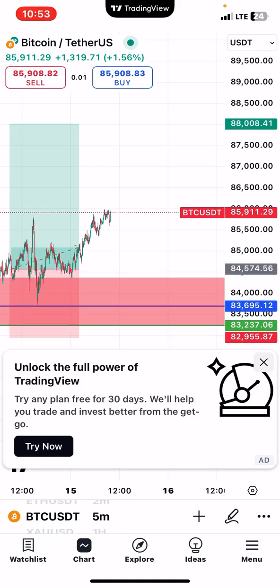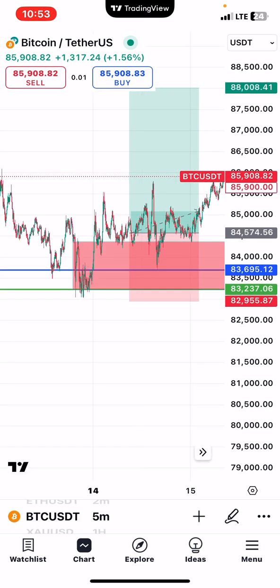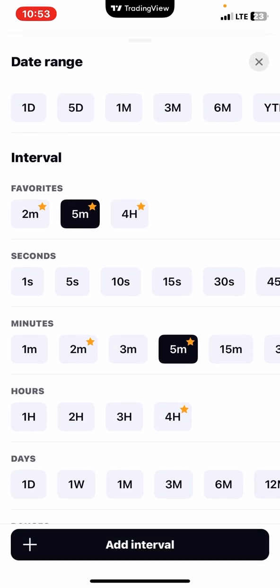Now, in trading this spot market, let us say you don't know anything about trading cryptocurrency. Let me tell you something. Remember that in the crypto market, on this chart, let me go to a higher time frame, like 1 hour.